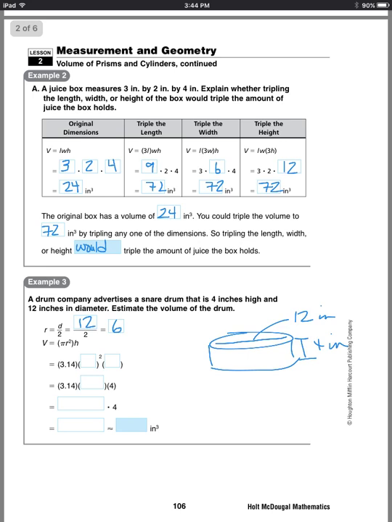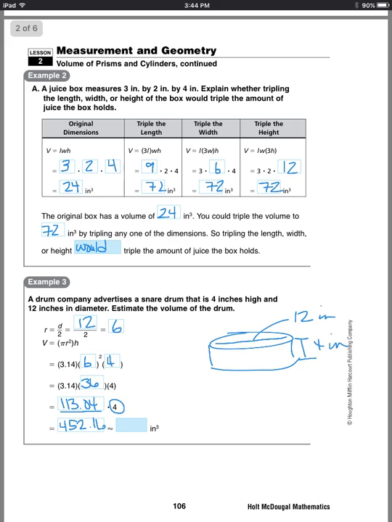Okay, and then we use pi r squared, which gives us the area of the base, and then we multiply it by the height. So we use 3.14 for pi. Our radius was 6, and the height of the snare drum is 4. 6 squared is 36 because it's 6 times 6. 3.14 times 36 is 113.04, and then we multiply, this is the area of the base, we multiply that by the height, and we get 452.16.